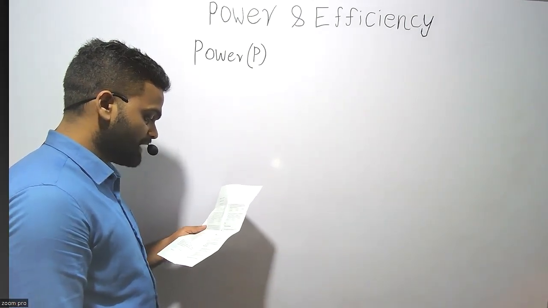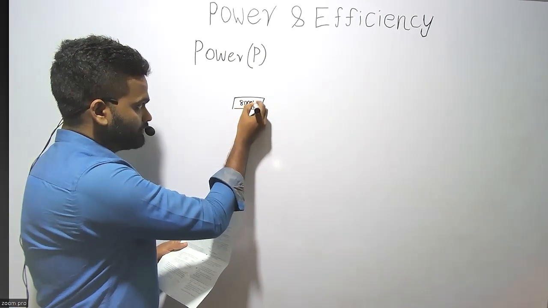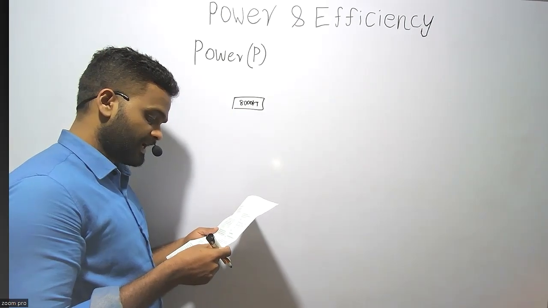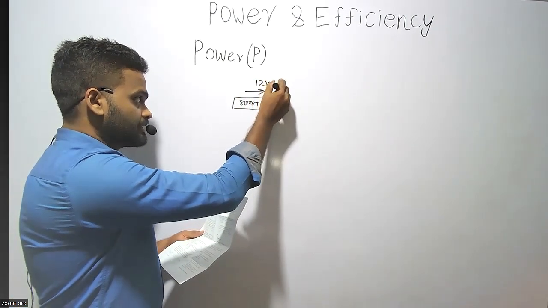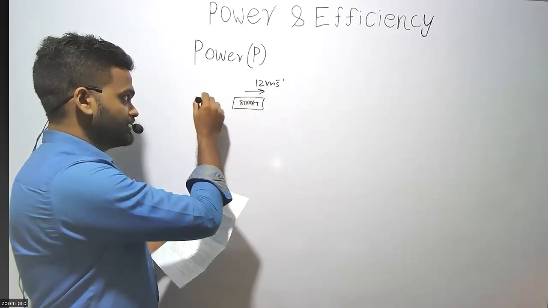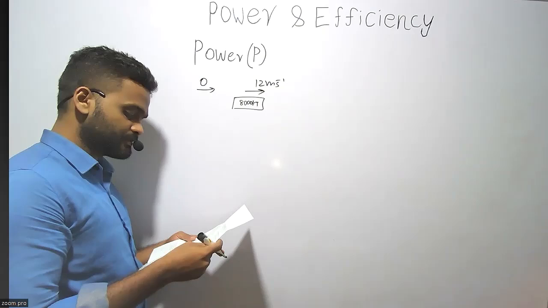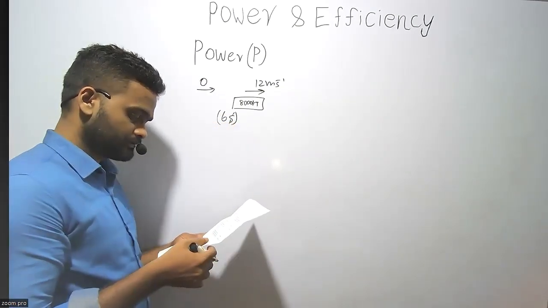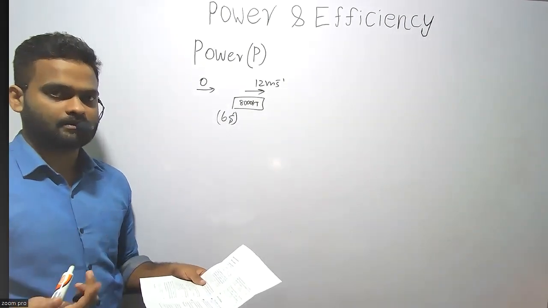A whale with mass 8,000 kilograms, so that is 8 tons, gains a speed 12 meters per second. So initially he's at rest, then he gains a speed 12 meters per second within 6 seconds. Calculate the kinetic energy gained by the whale.